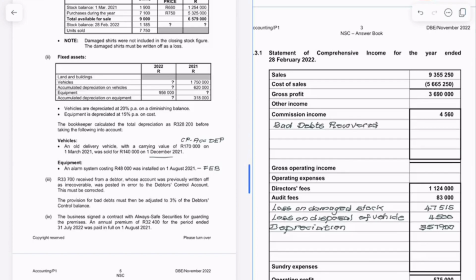And that amount, 33,700 Rand. And that is such a common adjustment that you find in past exam papers.